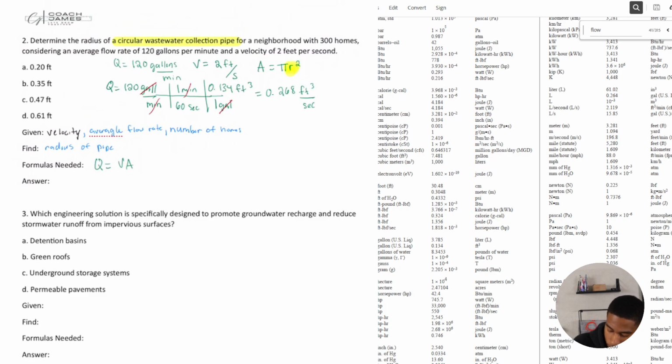So if I do Q equals V times A, this transforms to A equals Q over V. So my A is now Q over V, which is, what's Q? 0.268 feet cubed per second, all over, what's my velocity?